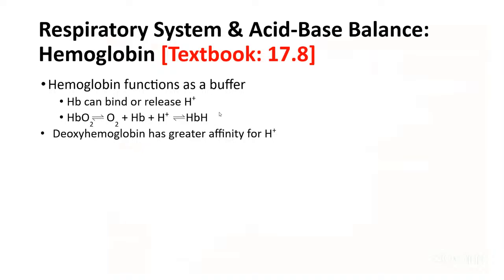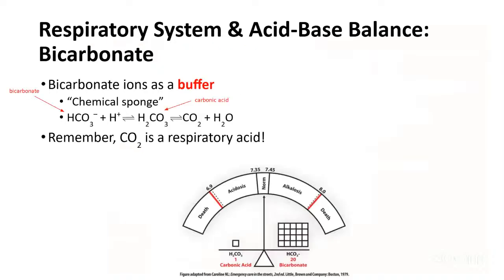Now, it happens to be the case that deoxygenated hemoglobin, deoxyhemoglobin, has a greater affinity for hydrogen ions. So if you don't have oxygen bound to that hemoglobin, it's going to soak up hydrogen ions easier. But hemoglobin isn't really the main buffer we're going to be interested in this unit.